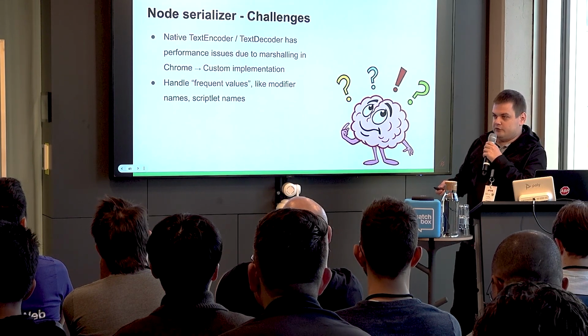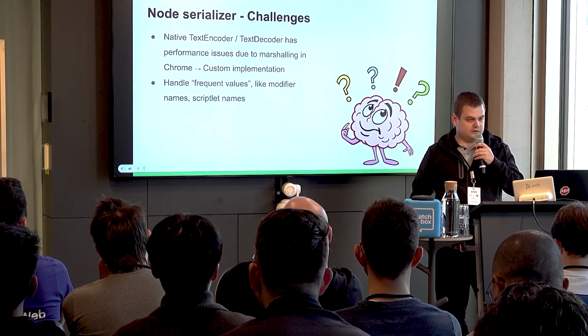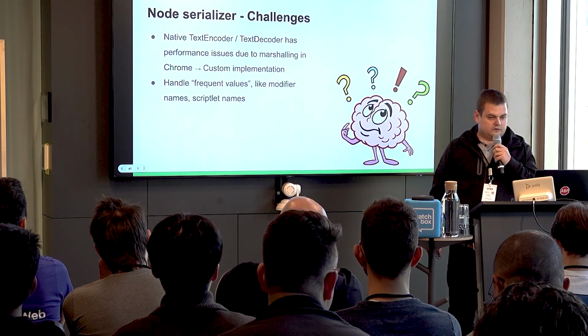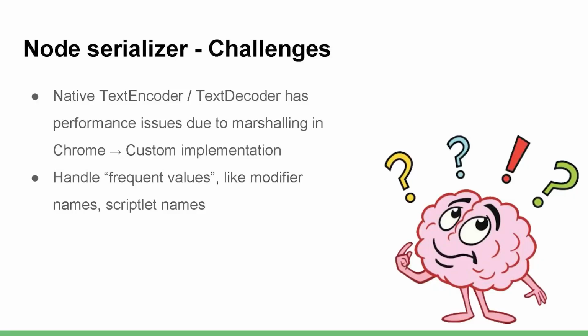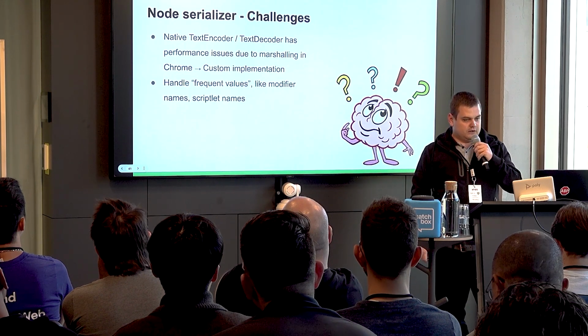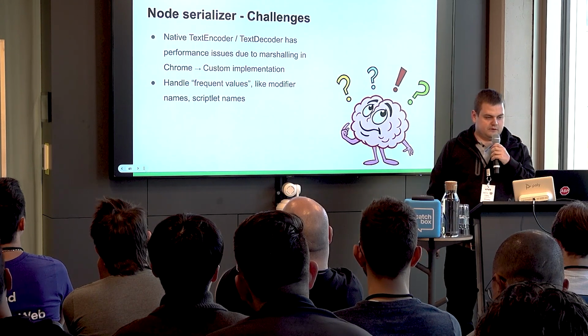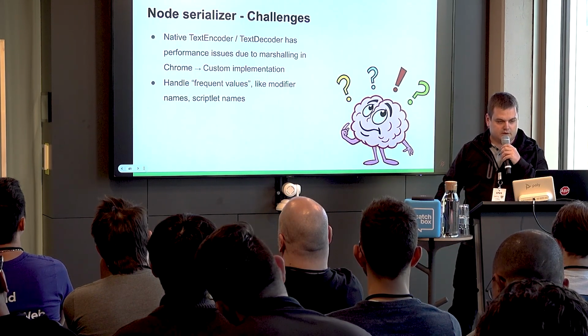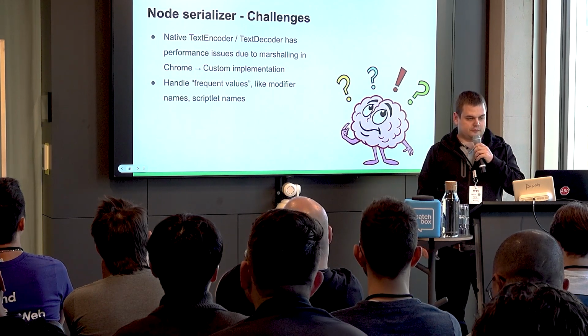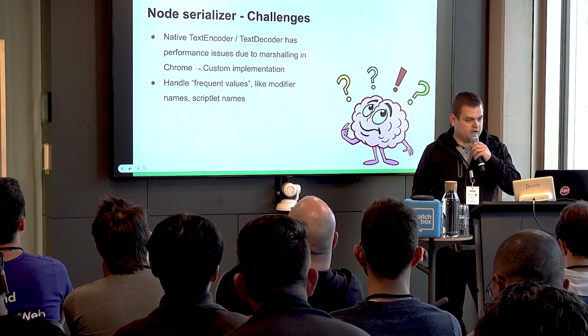And there were some serious challenges during implementing the serializer. Two main issues. The first was the native text encoder and text decoder, which have high marshalling times for many small strings. To address this, we implemented a custom polyfill based on specs for Chrome, where it performs better for small strings.